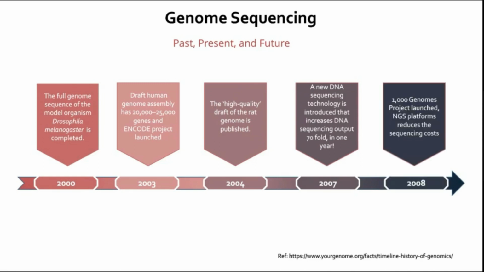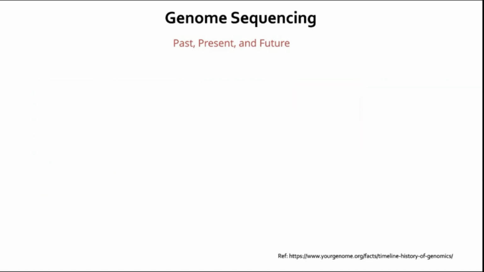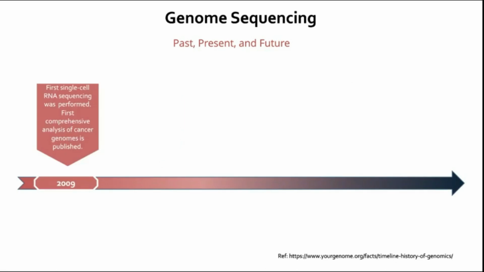Then in 2008 the 1000 genome project started. And in 2009, you people should also be aware, I just put in the base point over here: we are doing tissue level sequencing now.